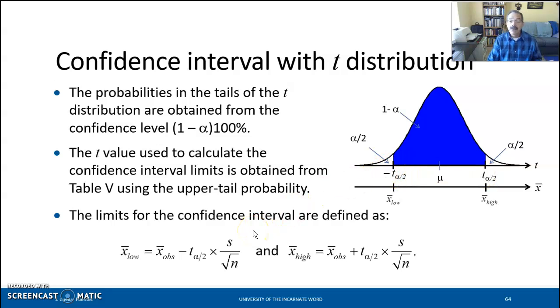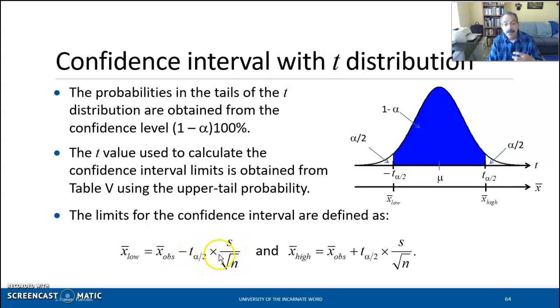So now with that information, we use the same formula that we derived for the standard normal. We use that to calculate the lower and upper limit of the confidence interval, but now in terms of the t distribution and in terms of the sample standard deviation, the sample mean, and the number of observations in the sample. So all this information is known. We're not making any assumptions.